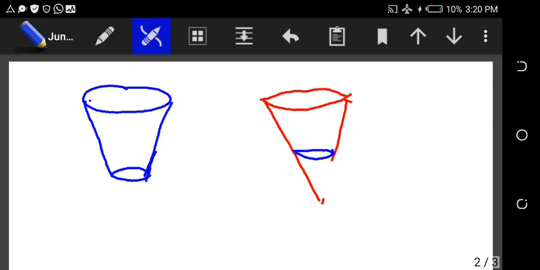Remember that initially what we had was a cone, but a portion of it was cut off, which is what gave us this that we have here. That's what we call a frustum.